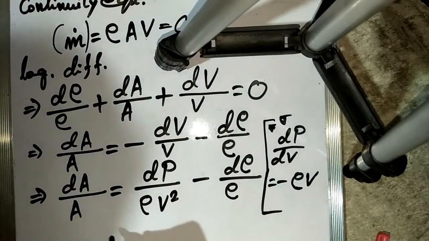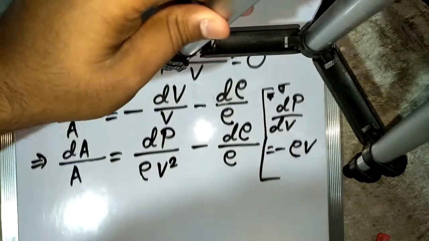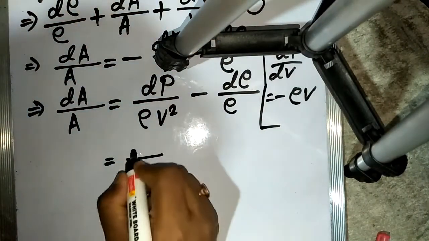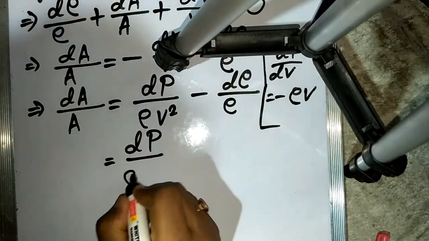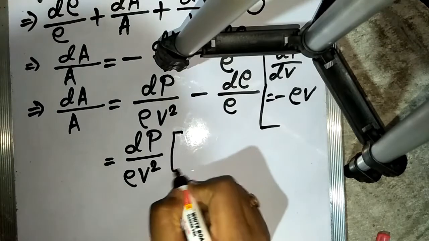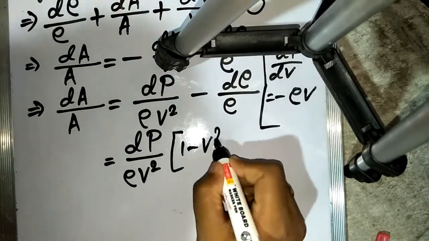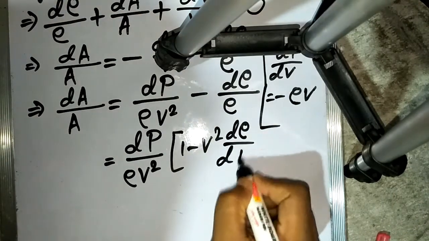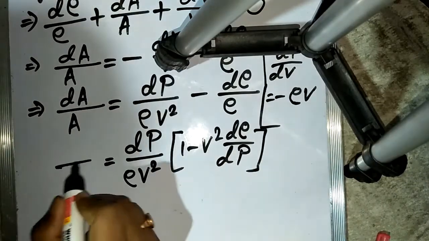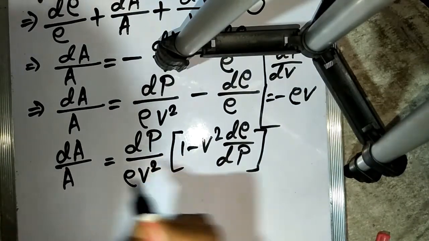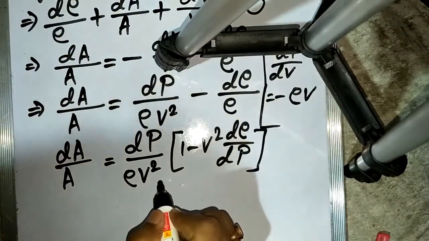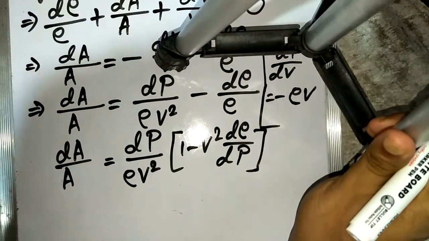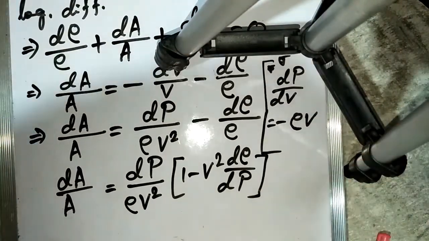So again from this equation we can write dA by A is equal to dP by rho V square into 1 minus V square into d rho by dP.